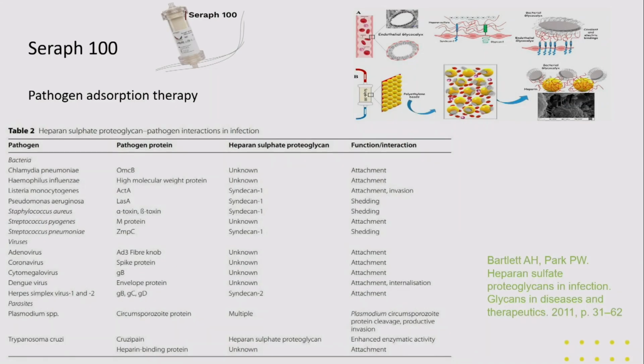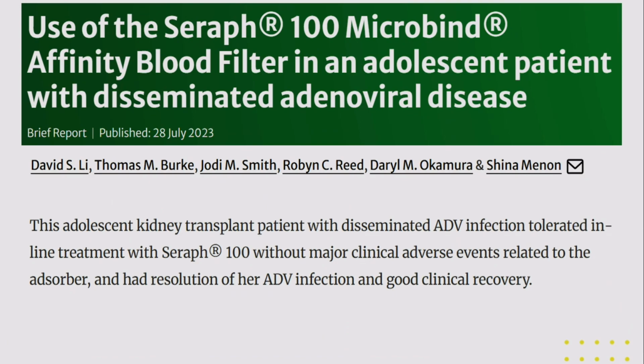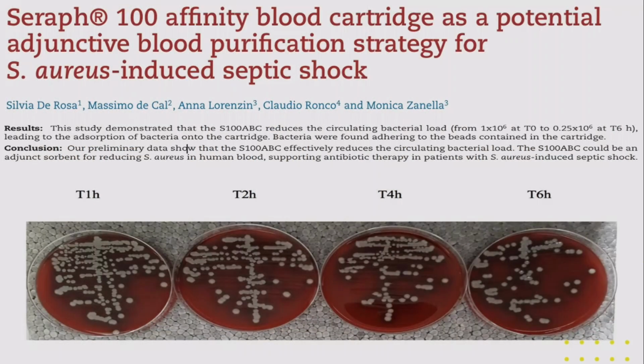It was proven that in a transplant recipient having a viral infection, say this particular patient had an adenovirus, when we expose him to the Seraph 100, it brings down the viral load and the bacterial count, and Dr. Ronco has very nicely demonstrated this. These are petri dishes.